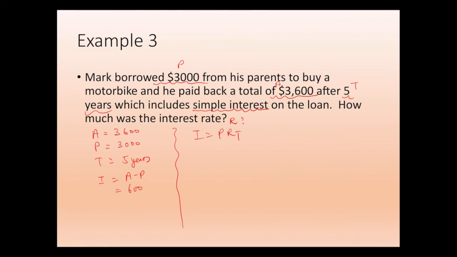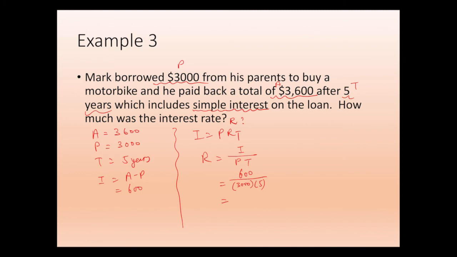So now using I equals PRT, rearranging, R is the interest divided by principal times the time, which is 600 divided by principal, which is $3,000, times 5. You can use your calculator.